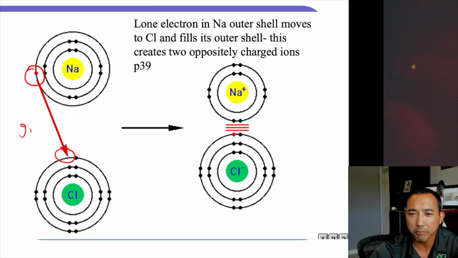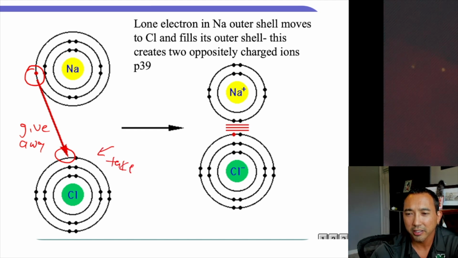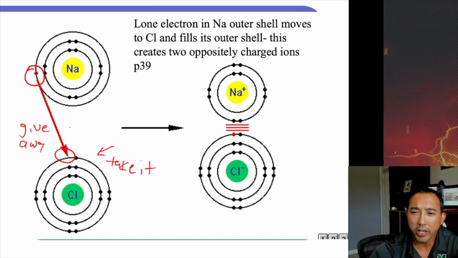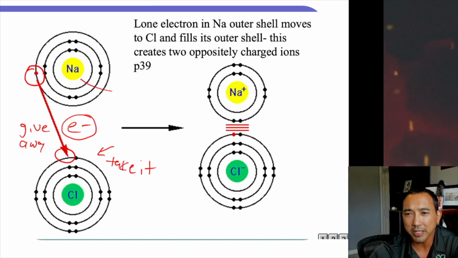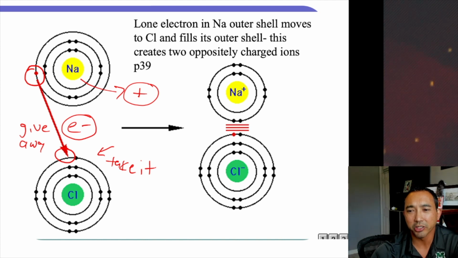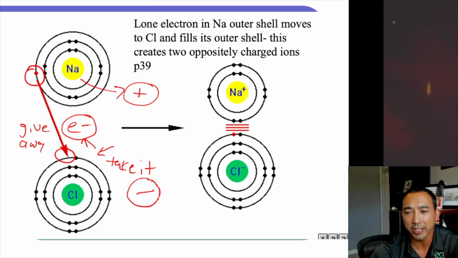But if I give mine away, and then he takes it, I give away a negative. If I give away a negative, that makes me more positive. If I am zero and I take a negative, I become more negative. That is why you see the positive and the negative here.